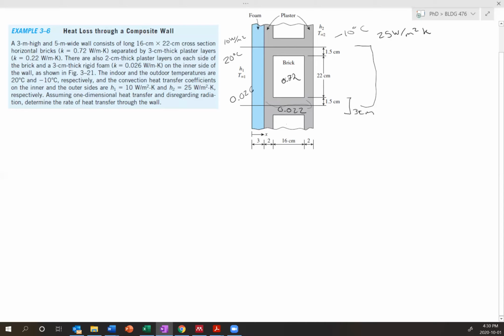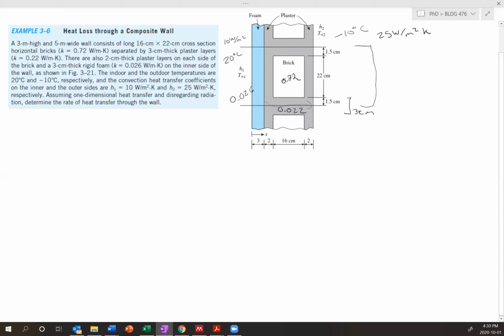What they typically do, actually this analysis is what they do to find the equivalent heat transfer of the whole thing. They consider all of the different modes and then extrapolate that for the whole wall.